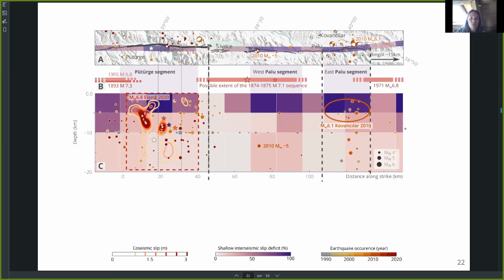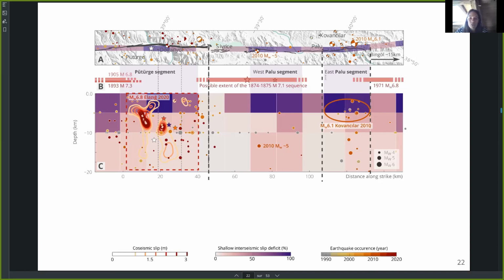So here, a rupture from the last century, here as well, and here the last big earthquake that occurred 40 years ago. No, 50 years ago, sorry. In C, you can see a view in depth of the interseismic coupling, of the rupture of the Elazig earthquake, and of the rupture of an earthquake that occurred 10 years ago.